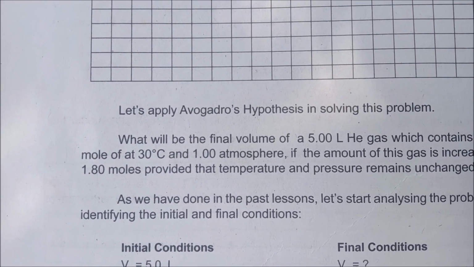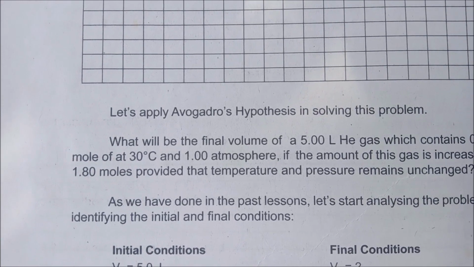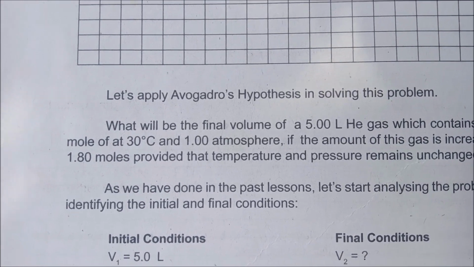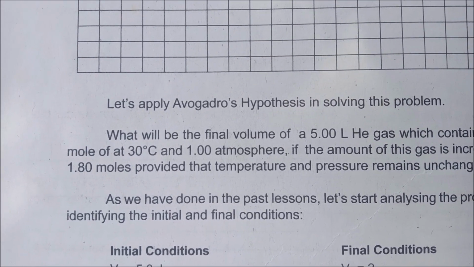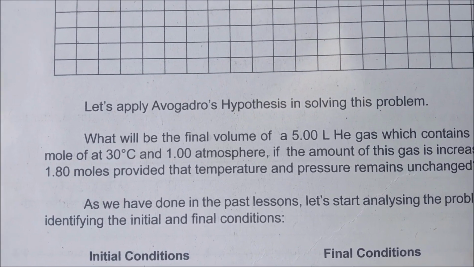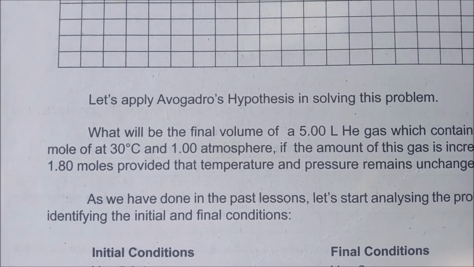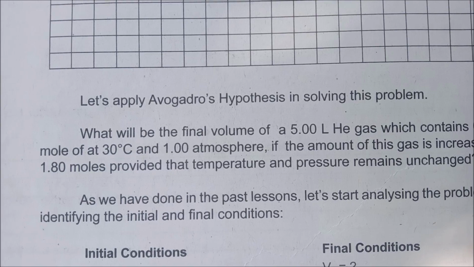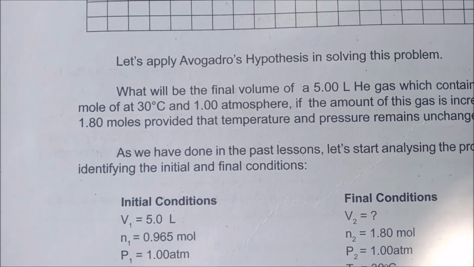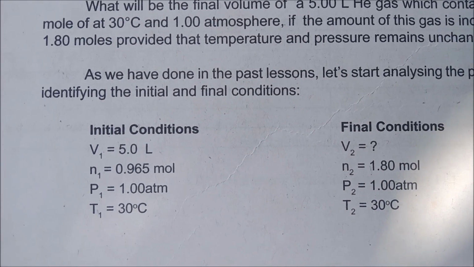What will be the final volume of a 5 liter of helium gas which contains 0.965 mole at 30 degrees Celsius and 1 atmosphere if the amount of this gas is increased to 1.80 moles provided that the temperature and the pressure remain unchanged?